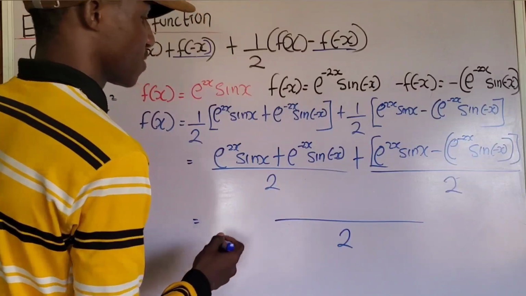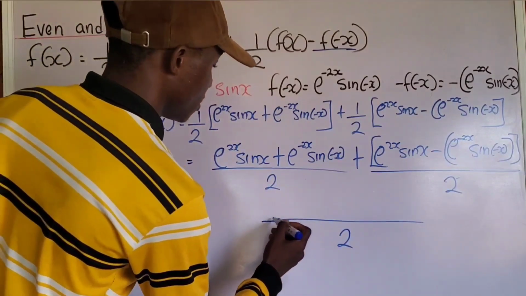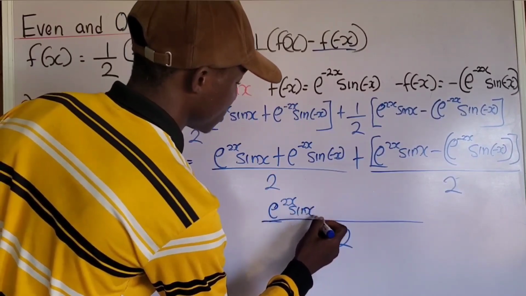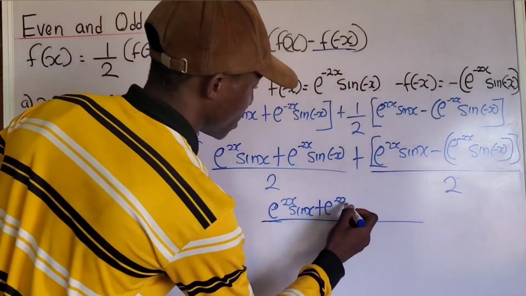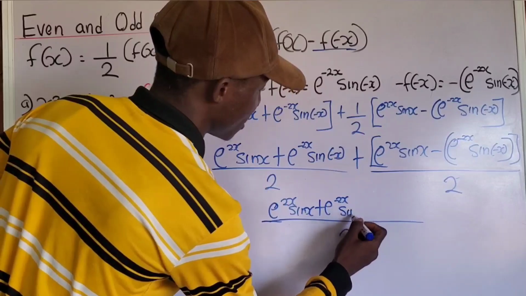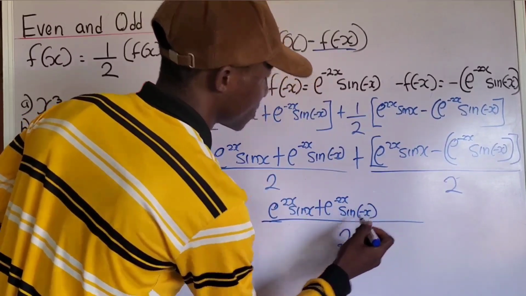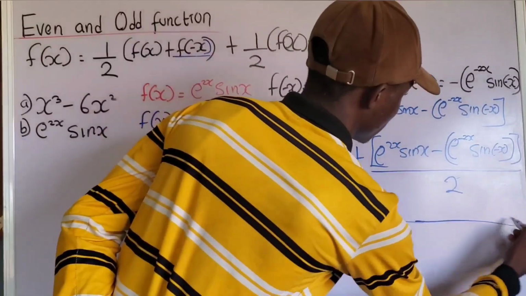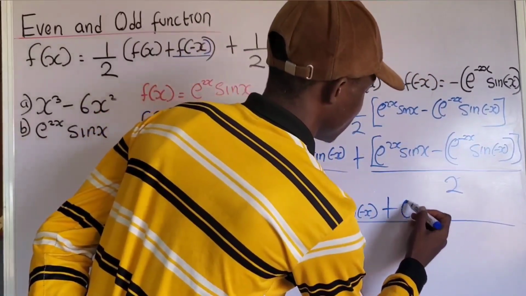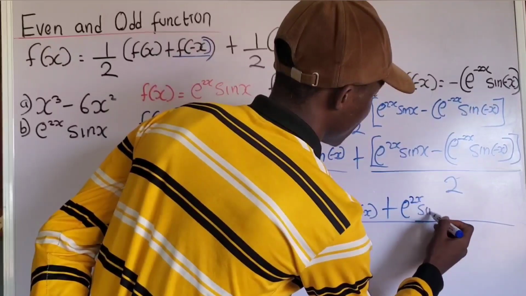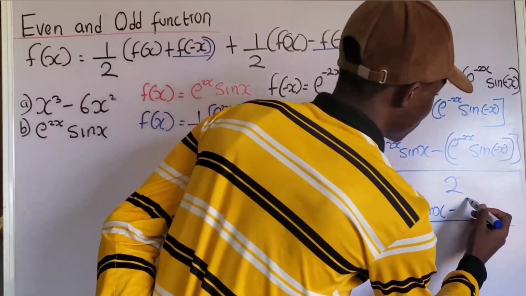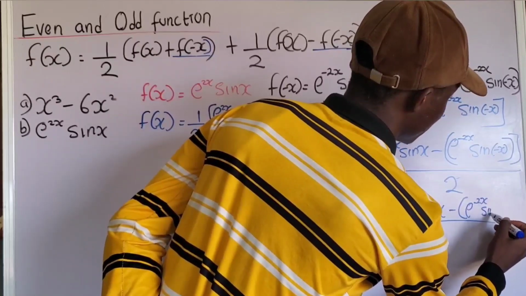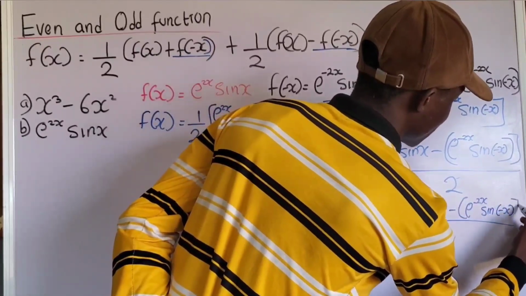Now for this I'm going to have x sin x plus (-x) sin(-x) plus x sin x minus (-x) sin(-x).